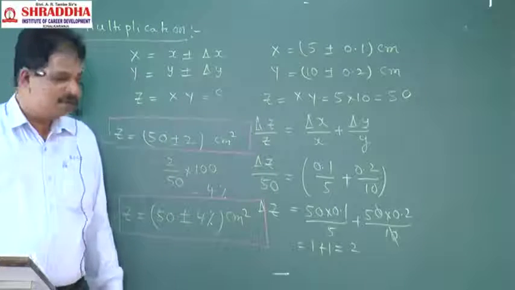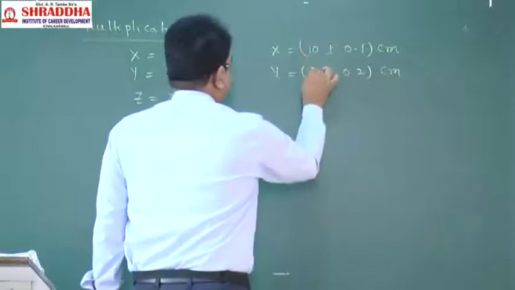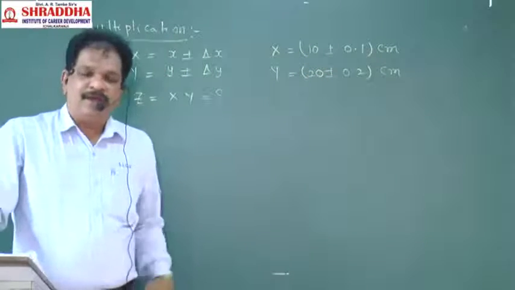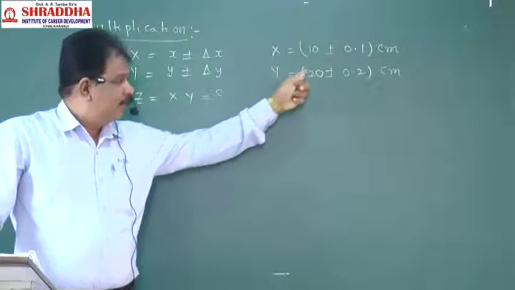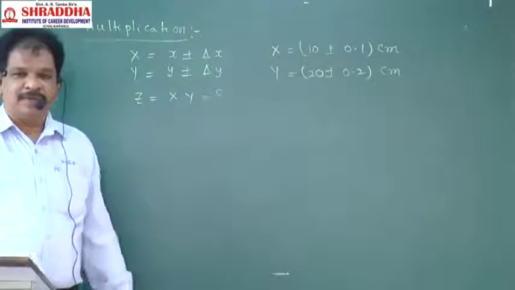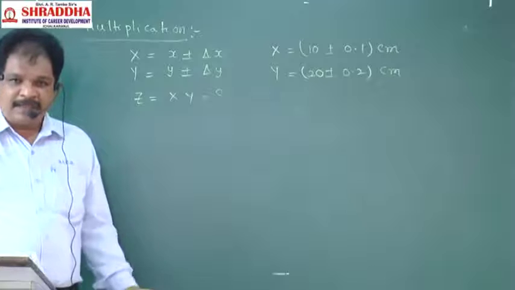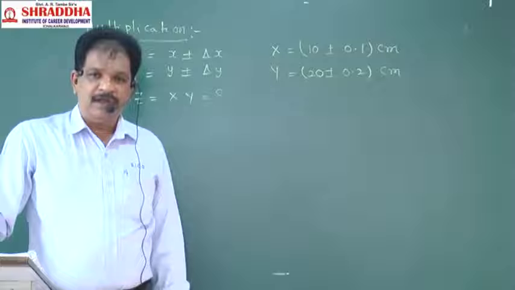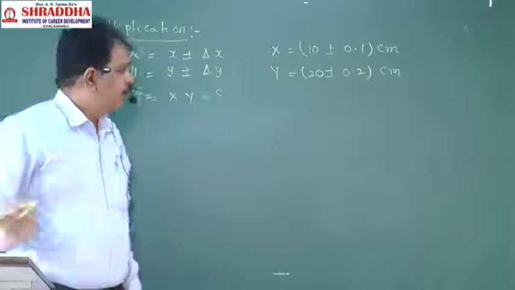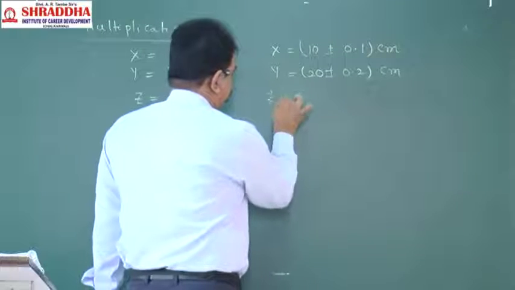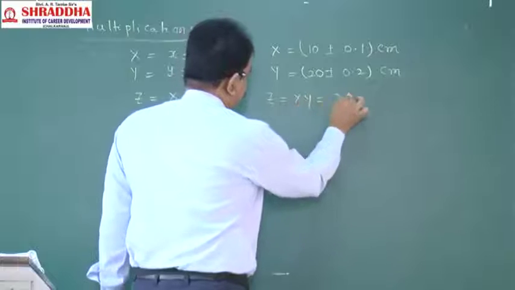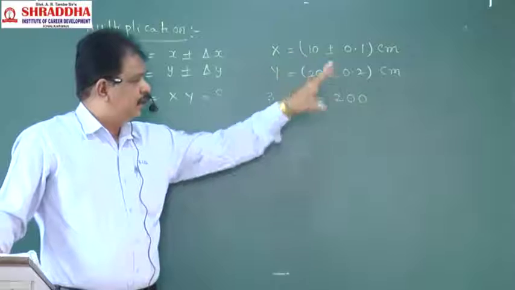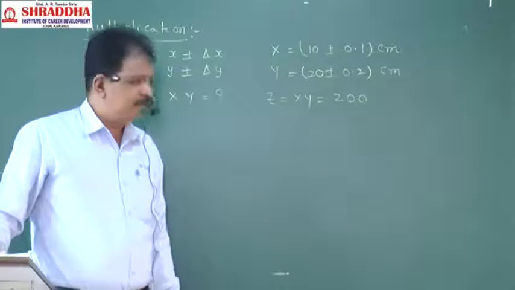Take one more example for better understanding. x is 10, y is 20. Find z value. Pause the video and do it now. Find z value, z is equal to xy, with error. Just pause the video and then do. How much will you get? So here, z is equal to xy. This value will be 200: 10 into 20, that will be 200. No doubt in this.